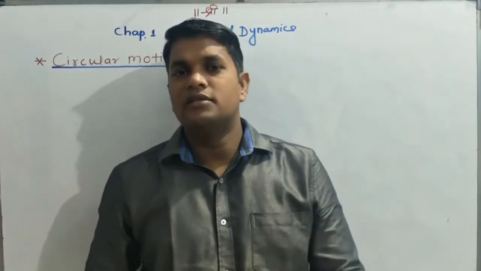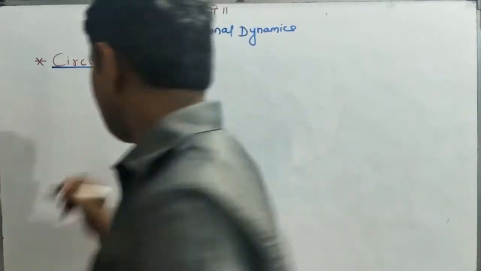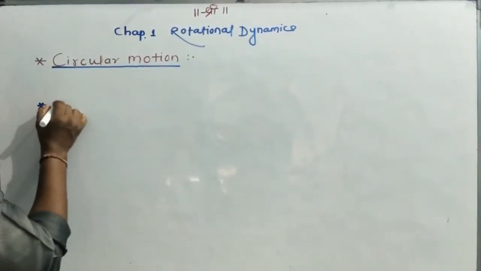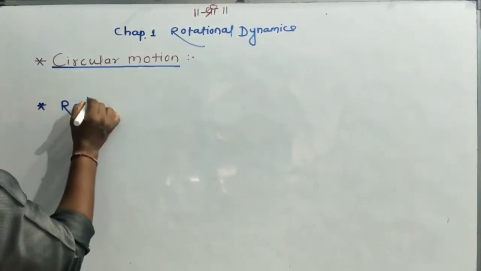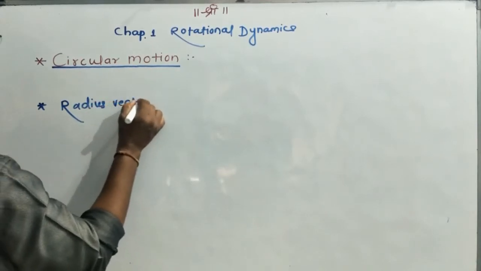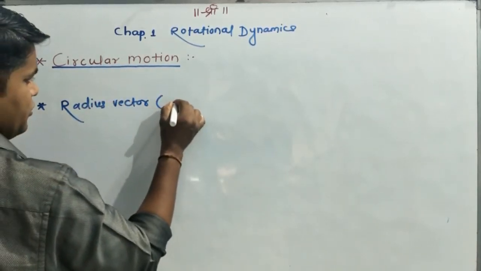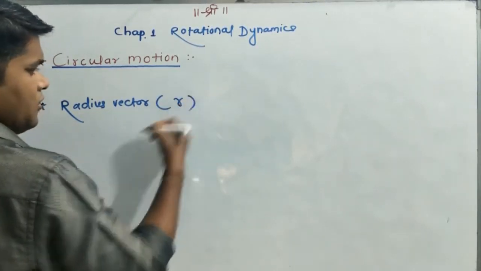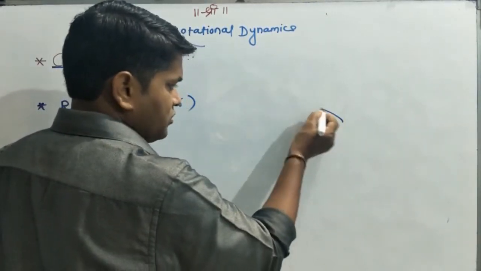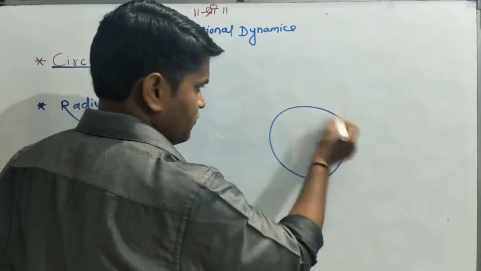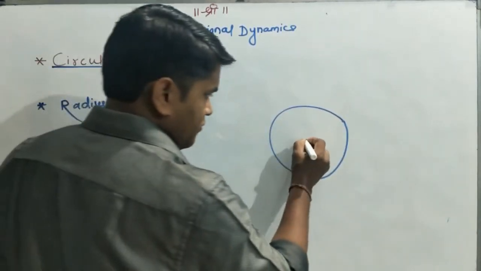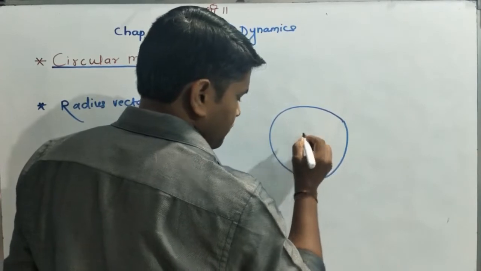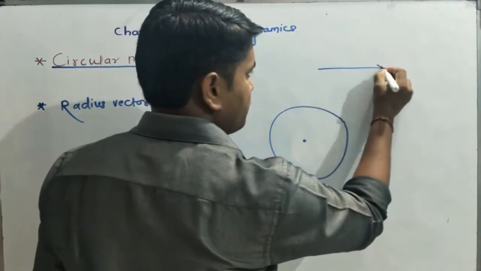Okay, now the next concept is radius vector. What do you mean by radius vector? It is denoted by small r or sometimes capital R. Suppose we have a circular motion, and a vector is drawn, vector means it is an arrow.